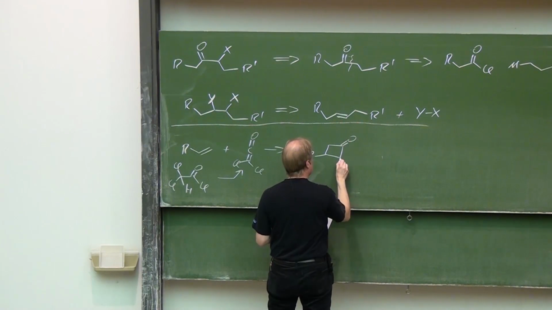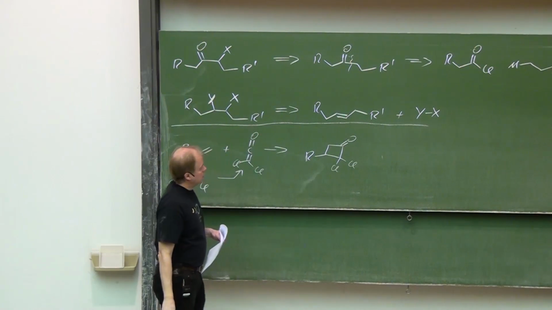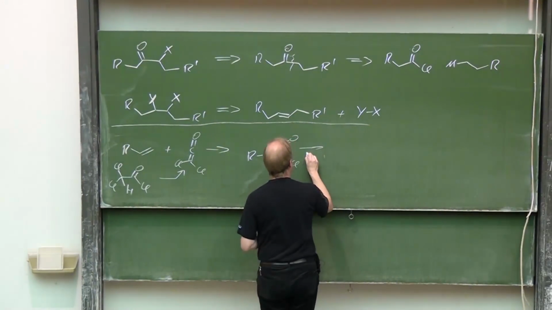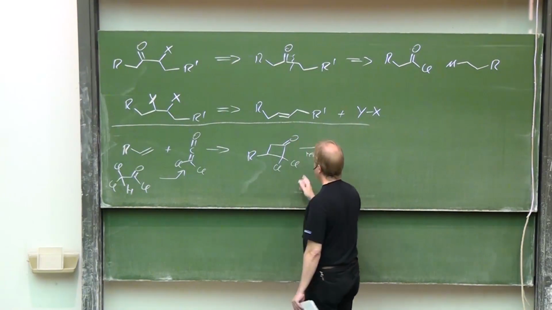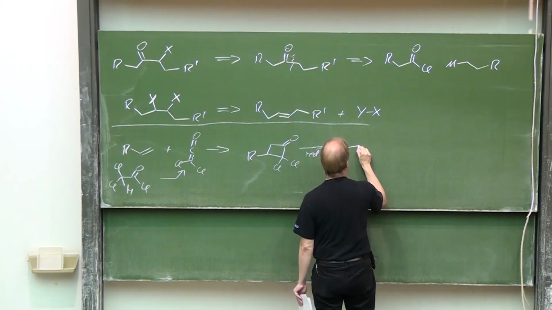Forming indeed cyclobutanones. You can get rid of the chlorides by reduction.